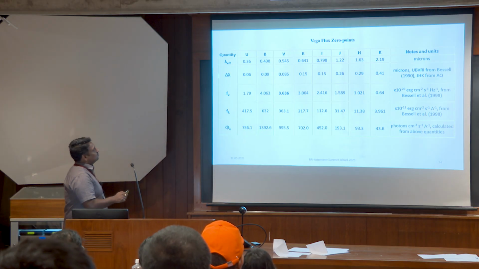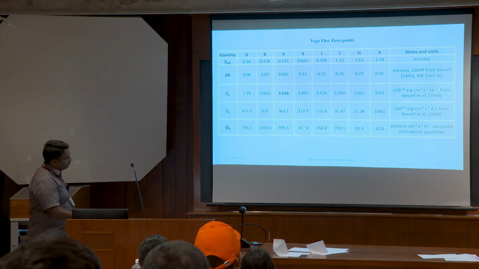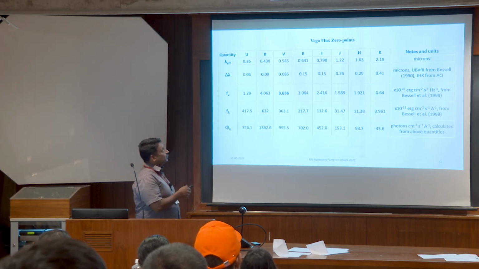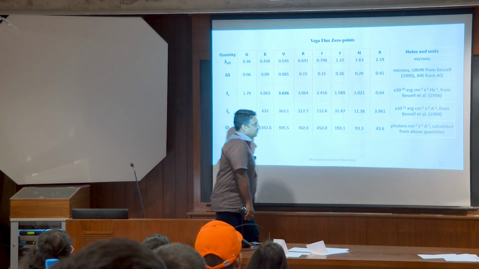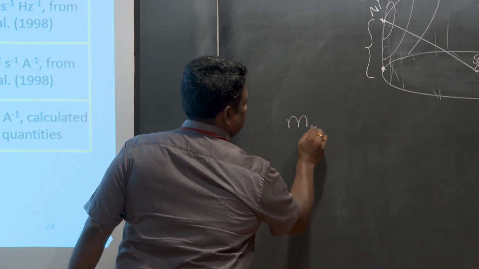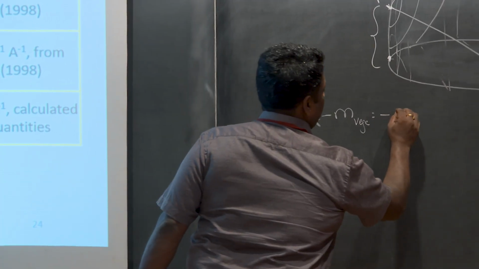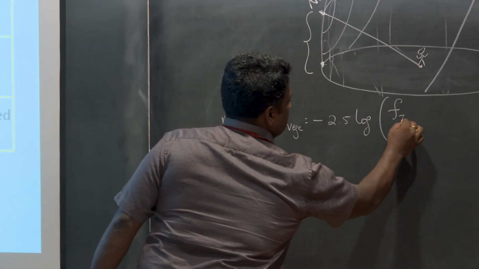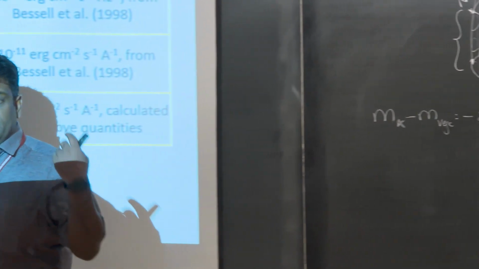Now this is basically the Vega flux 0 points that we actually use, and then we can calculate the number of photons that you get. The good thing about this is Vega is a 0 magnitude star, right? So if you have a star, I can take the Vega, which will be minus 2.5 log of f of star over f of Vega, right?